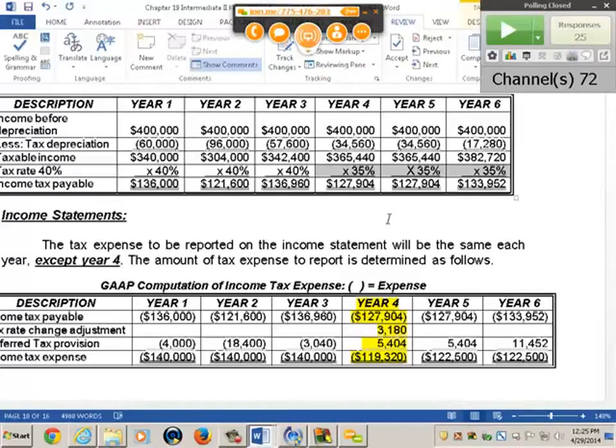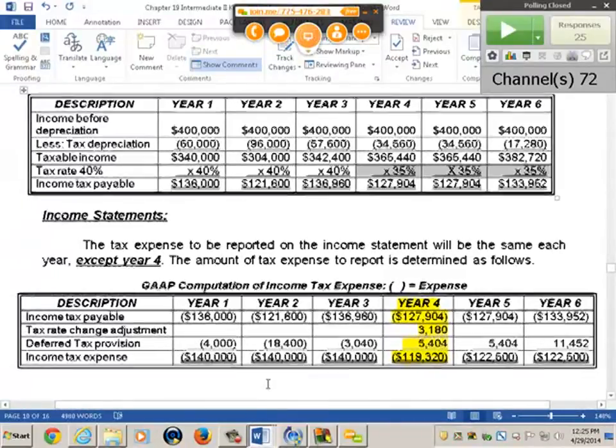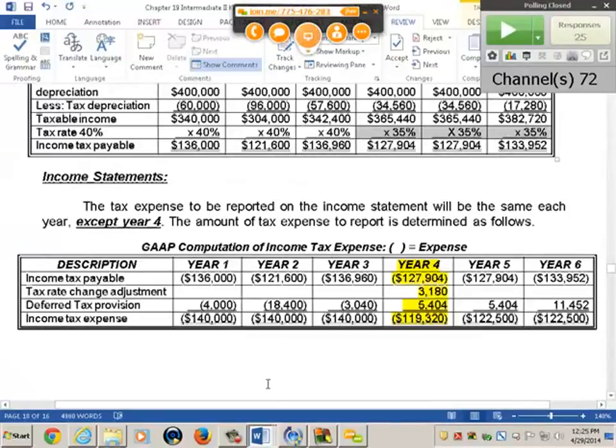Now, here's something I wanted to be sure that you see, that this may not look like anything too significant, but it is. Because if we want to do an effective tax rate, it's income tax GAAP expense over pre-tax GAAP income.